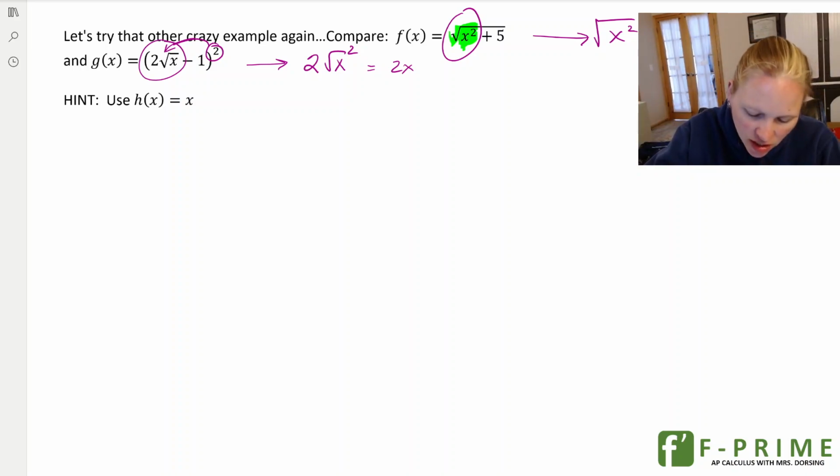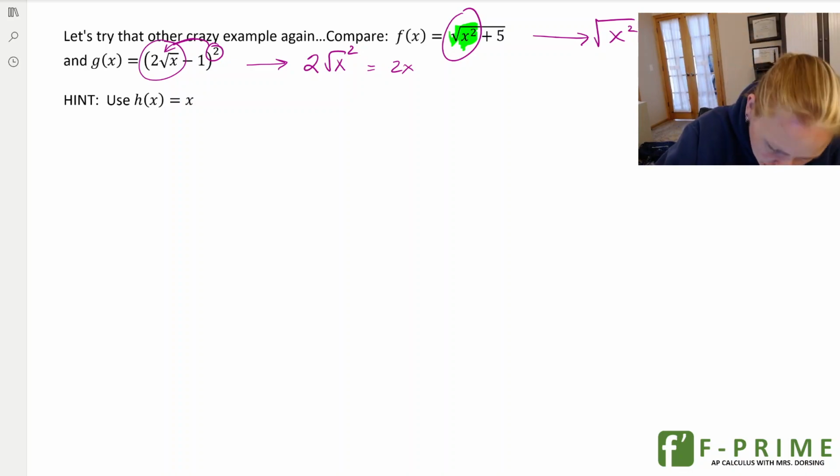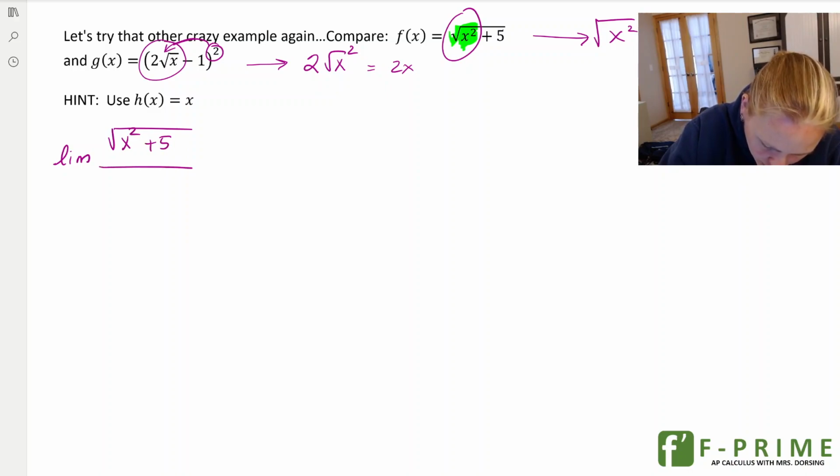If both functions have a similar end behavior model, that's what I'm going to use to compare to. So I'm going to compare to x because they're both going to behave like a linear function in the long run. So let's do the limit of the square root of x squared plus 5 over x as x approaches infinity.